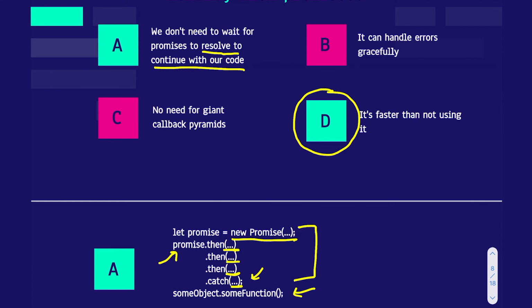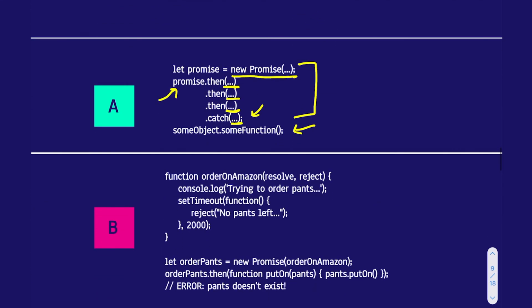This is also true. So assume we have this function order on Amazon, and I don't know, it's a buggy function. All it does is it rejects the promise. And so when we make that new promise, order on Amazon, we assume that this promise has been resolved, but it hasn't. So the value of pants doesn't exist.